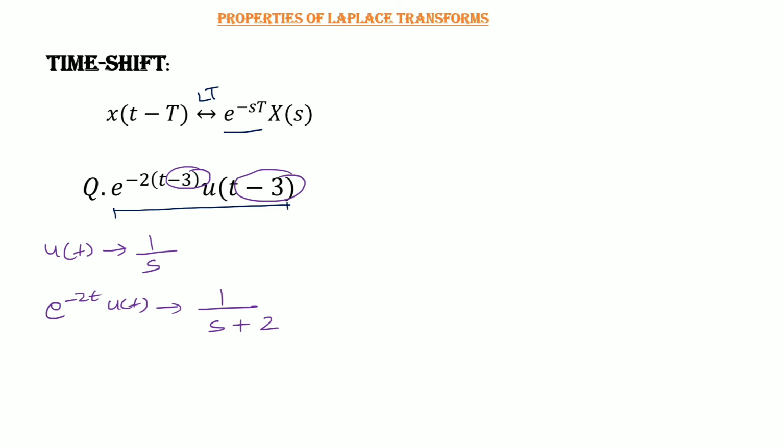So now what we can do for the Laplace transform, you can write here Laplace transform. So the Laplace transform of e to the power minus 2(t minus 3) u(t minus 3), we will have e to the power minus s times the time, which is 3.